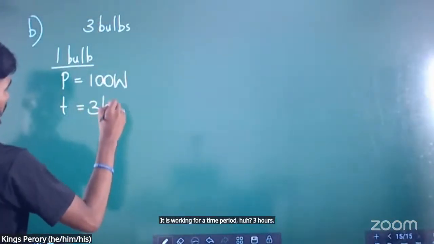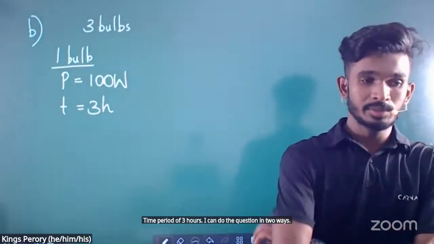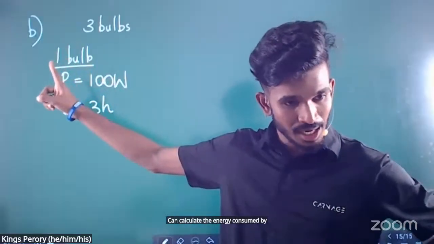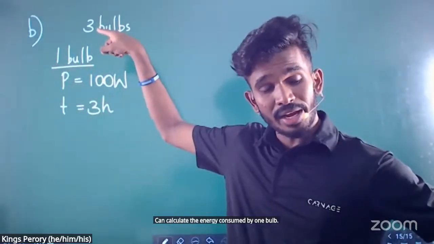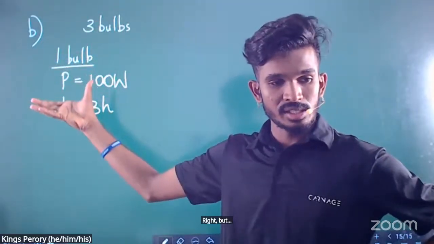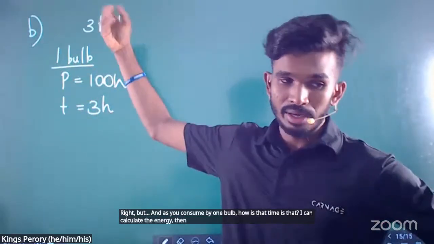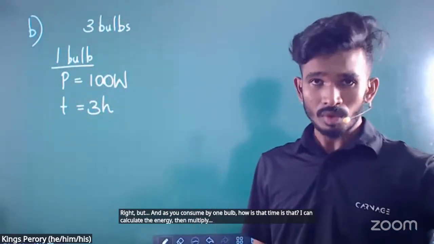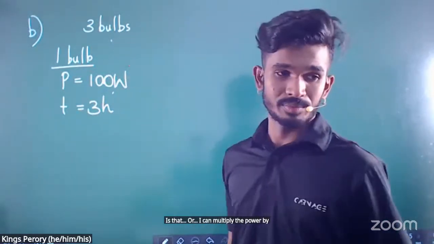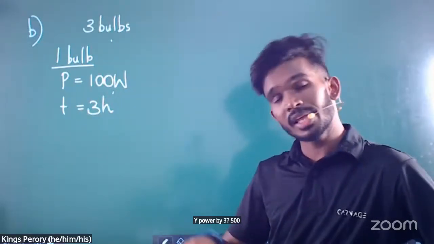I can do the question in two ways. One, calculate the energy consumed by one bulb, then multiply it by 3. Or I can multiply the power by 3. Why power by 3? One bulb is 100 watt, so 3 bulbs how many watt?